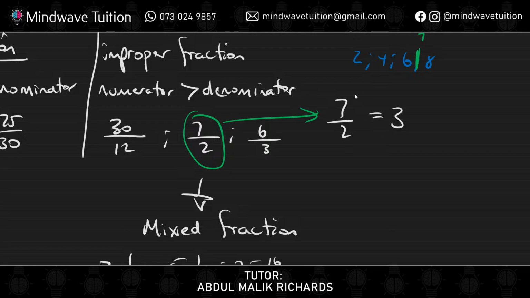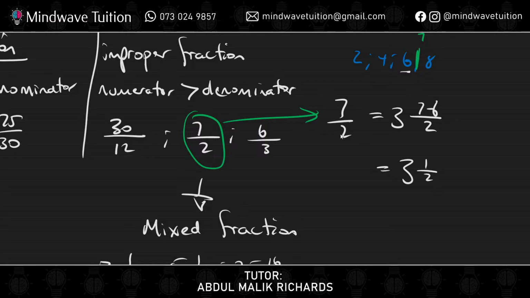What we then do is we can take our numerator, our 7, and we can subtract the 6 from there. Because the 2 goes into 7 3 times, we can say this is 7 minus 6. And the denominator will stay the same, which is 2. So this will be 3 as a whole number, and 7 minus 6, which is 1 over 2.